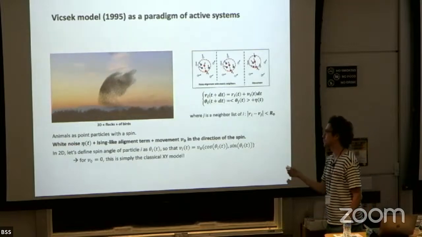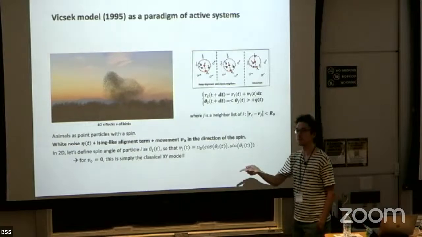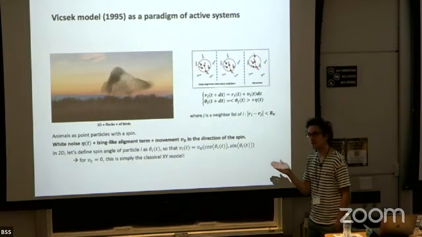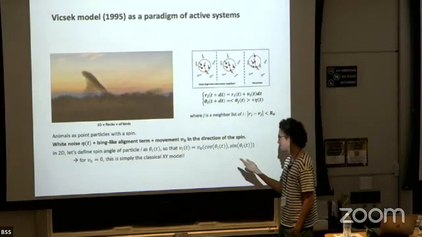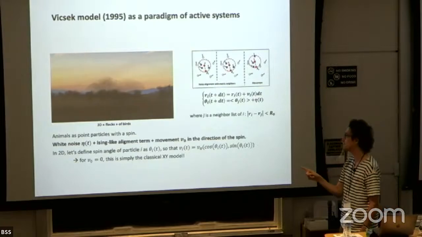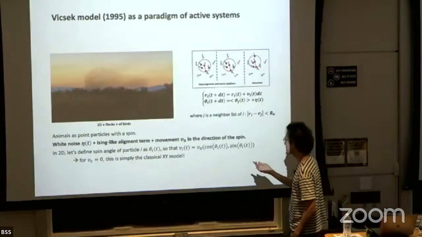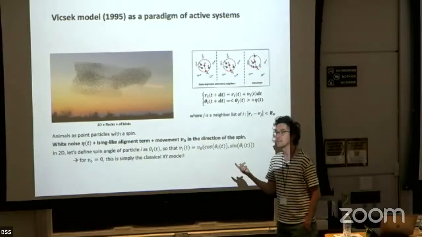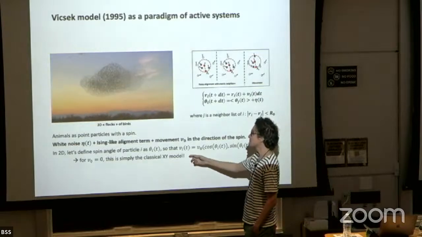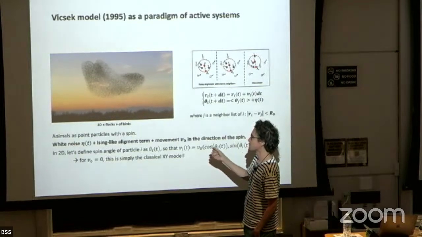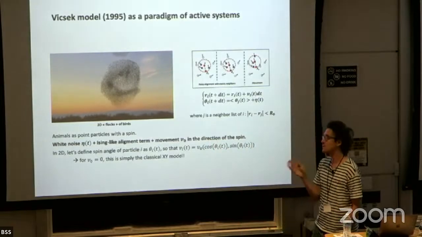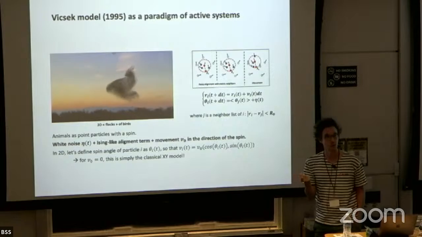Which in the language of the XY model is a non-zero magnetization, and that's forbidden by equilibrium physics. Because in 2D, I'm not going to enter too much into the detail, but it's a continuous symmetry, it's 2D, so it's a fundamental theorem of equilibrium statistical physics that you can't break symmetry in 2D. So it means that the fact that you're moving in the direction of your spin fundamentally changes the physics of the problem.